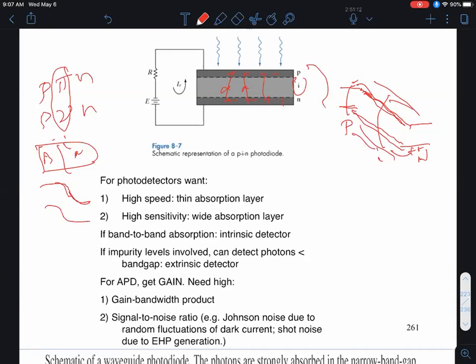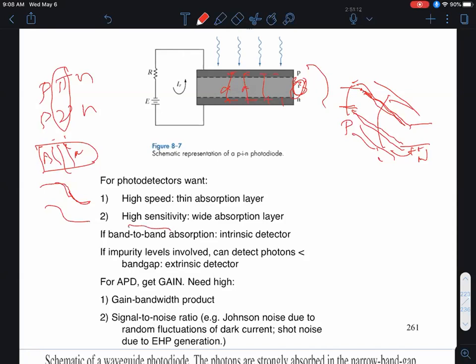You can determine the volume within which carriers will be collected by simply determining what the length of this I region would be. That's something that you can design in the diode. You're not depending on the width of the depletion region per se to determine the volume over which the carriers will be collected. And that's going to be important because that's what will give you high sensitivity. What does sensitivity mean?